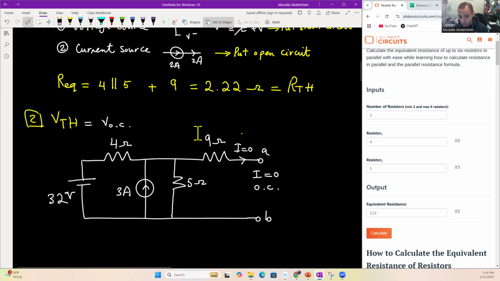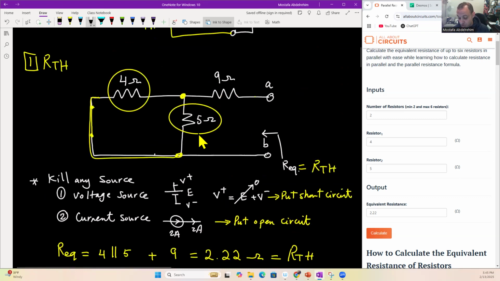By the way, before I forget, that wasn't the case here. Whenever you want to find R equivalent, you always imagine there is an ohmmeter connected, so it's not open circuit. You have to keep this in your mind all the time.